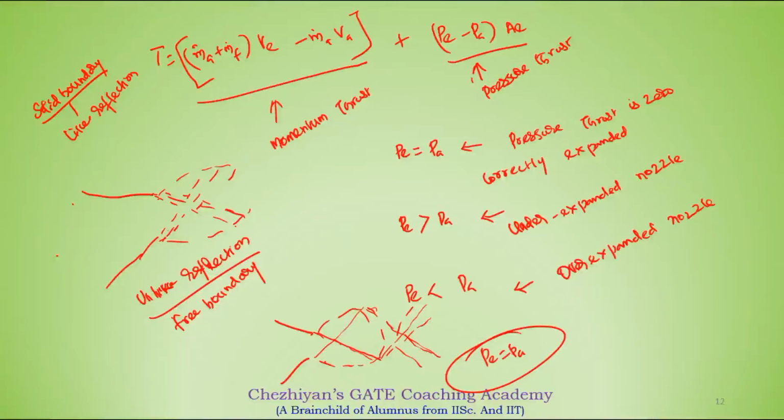Right now, your m dot a is the mass flow rate of the air entering. m dot f is the fuel flow rate. Your VE is the exhaust velocity.